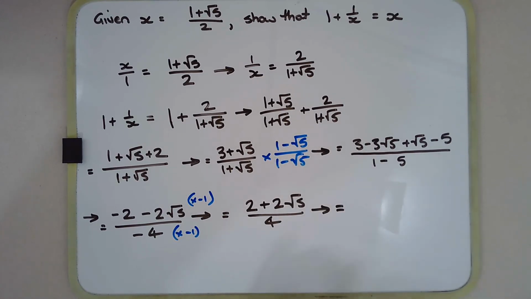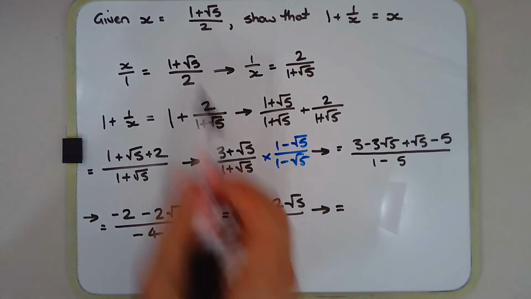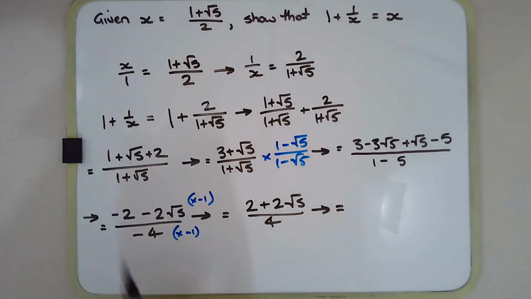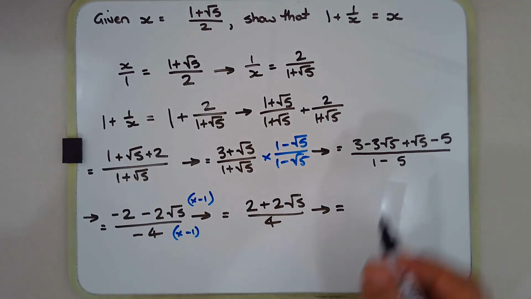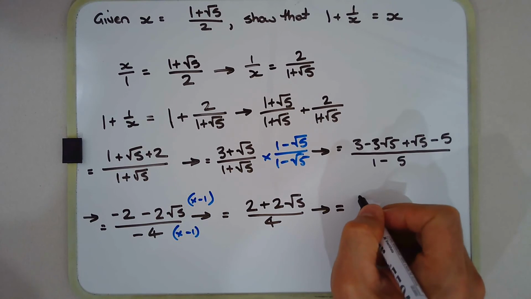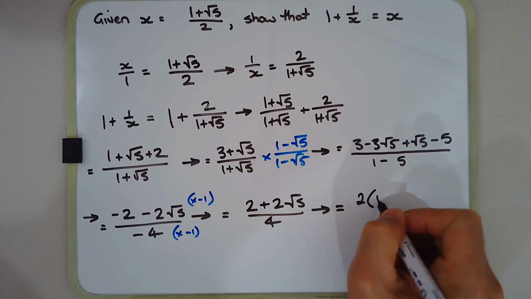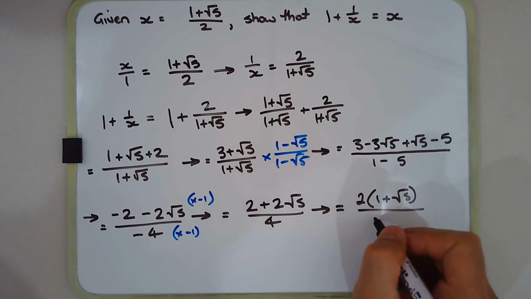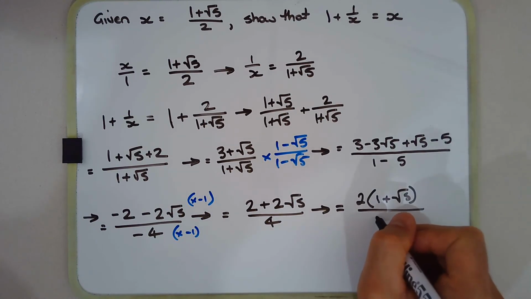We can see that we're getting close now to an expression that is in fact equivalent to (1 plus root 5) on 2. If you factorize out the 2, you'll end up with our value for x. So taking out the 2 from the numerator, we get 2 times (1 plus root 5) over 4, which is just 2 times 2.